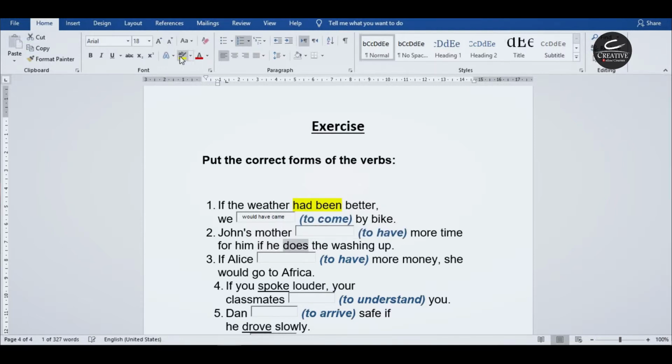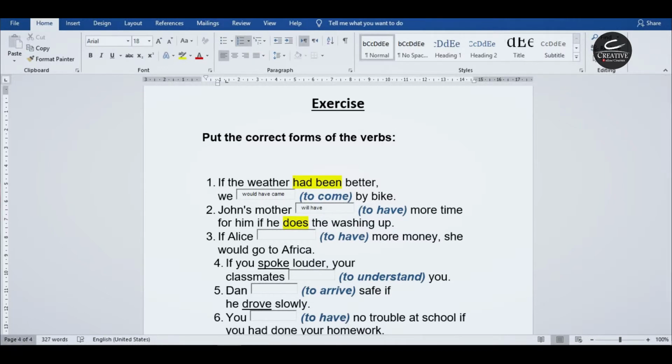This is the present tense. So this is the first conditional of if. So we're going to say John's mother will have more time for him if he does the washing up.